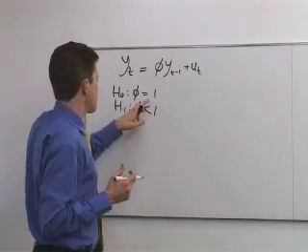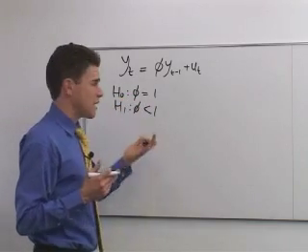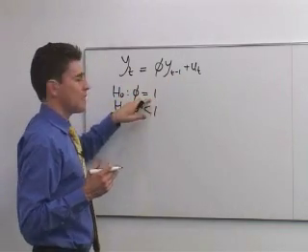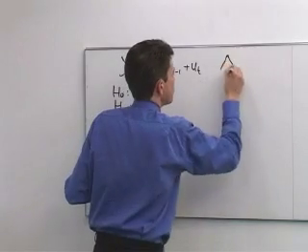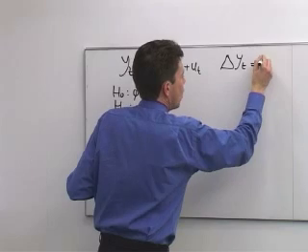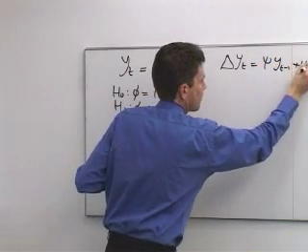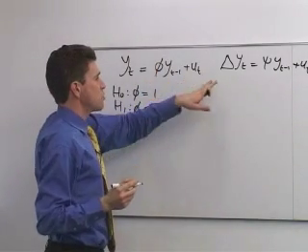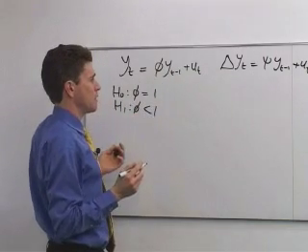Essentially, we could conduct the hypothesis test as it's written here, but it turns out that it's usually easier, instead of running this test regression and testing this null hypothesis, to run a test regression where we regress delta yt on the lag of yt. All we've done is taken this expression here and subtracted yt minus 1 away from the left-hand side.